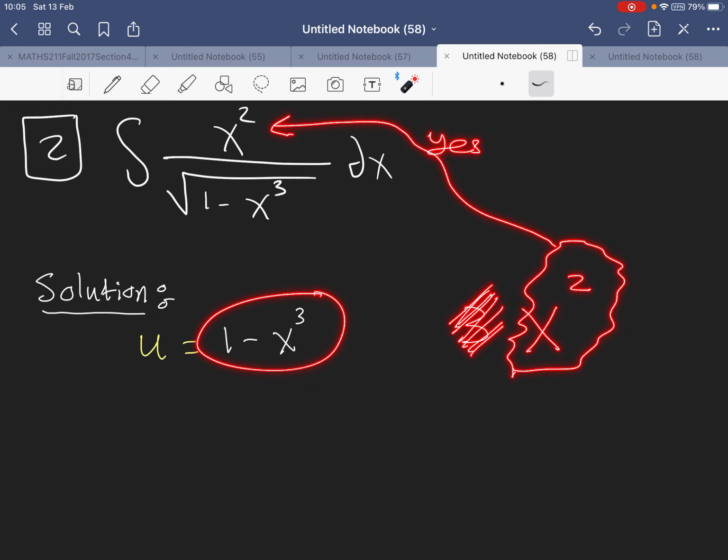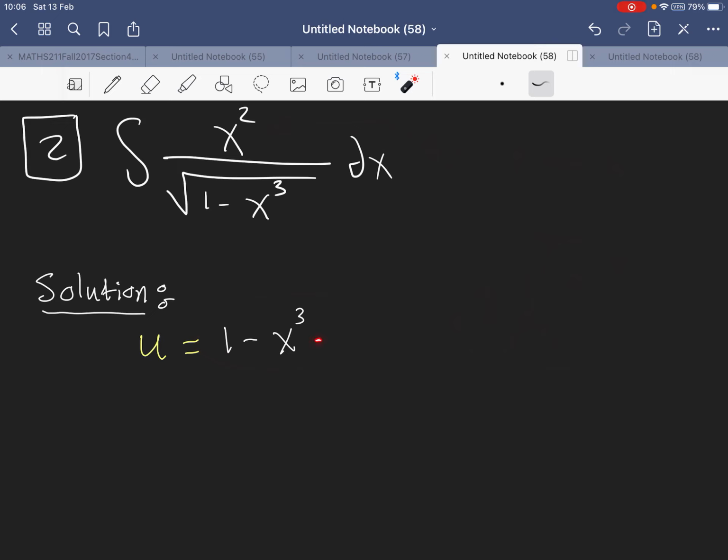If the answer is yes, proceed. We proceed with the same idea. If the answer is no, there might be a better u to be chosen. In this case, because the derivative is 3x squared, don't look at the number, just look at the x's. X squared is in the integral, so I think this will work fine. Next step, we need to find the du.